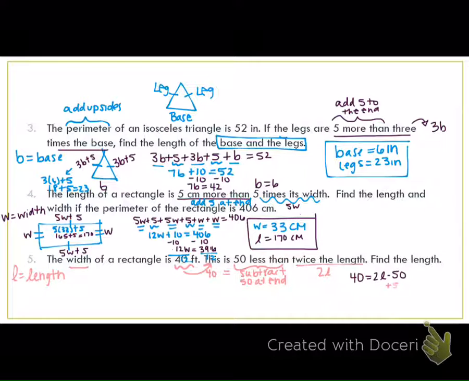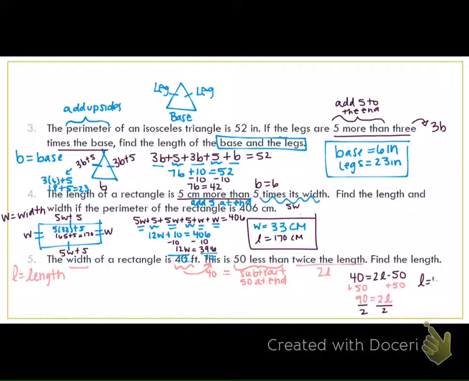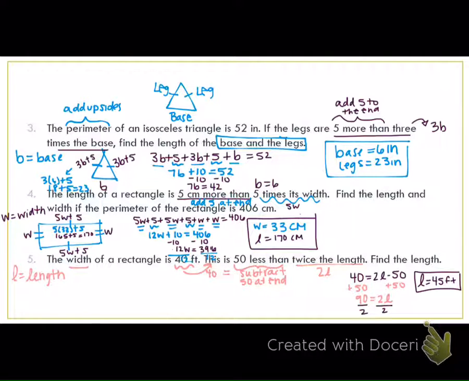So we add 50 to both sides. Divide by 2. And we get the length equals 45 feet. Again, notice I always have my units.